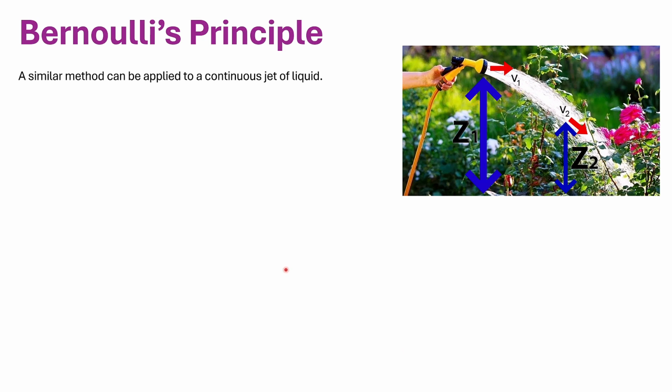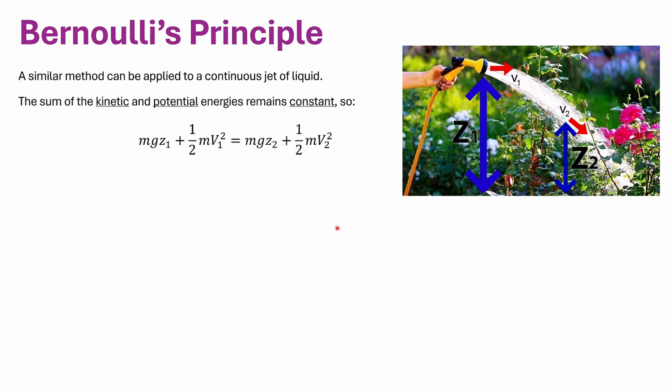A similar method can be applied to a continuous jet of liquid. Here, the sum of the kinetic and potential energies remains constant. So mgz1 plus 1/2 times mv1 squared for this point equals mgz2 plus 1/2 mv2 squared, which is for this point.